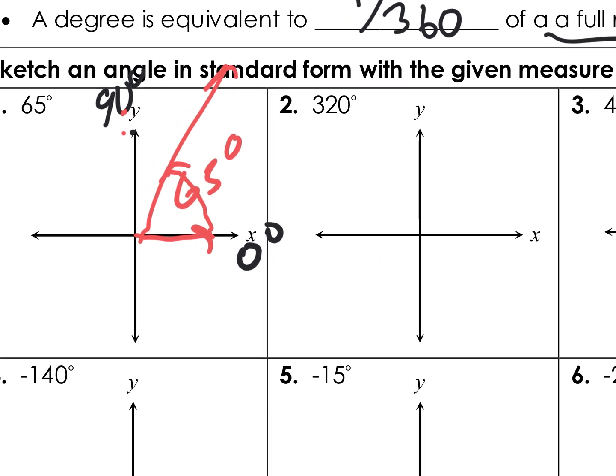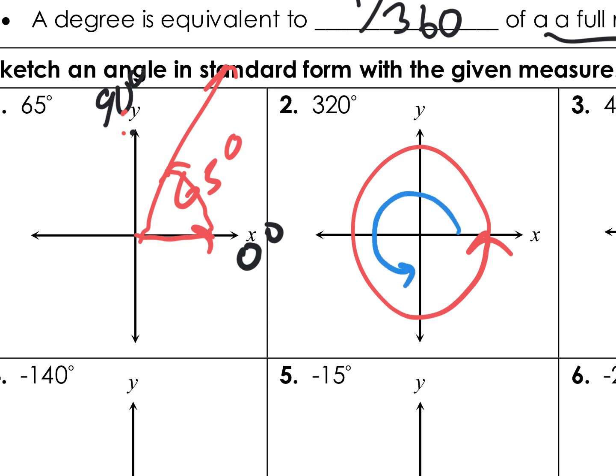We all get lazy. Now 320. What was it all the way around? 360. Do you know what it is if I stop right here? How many would that be? 270.